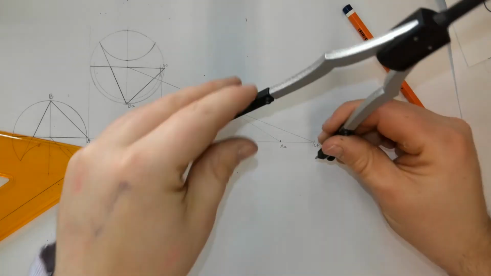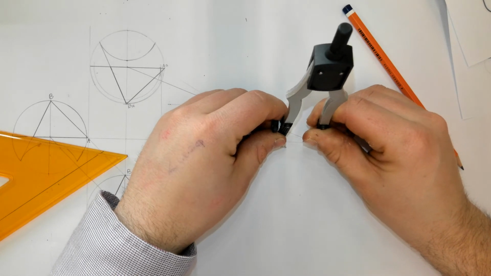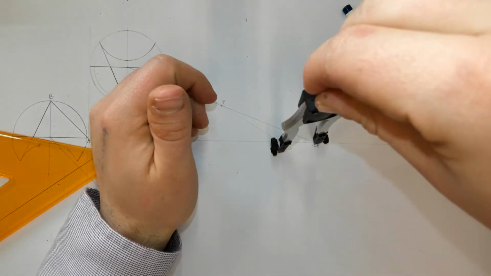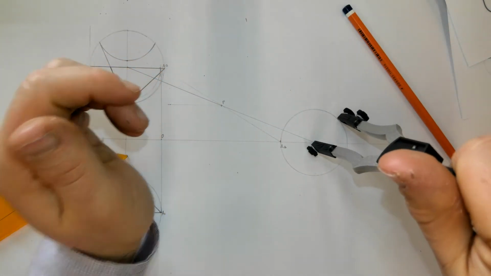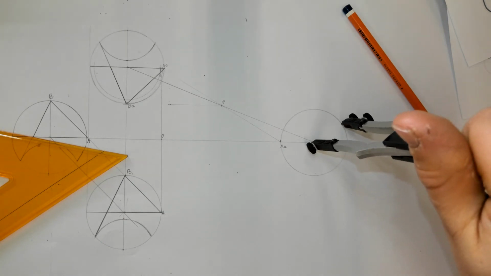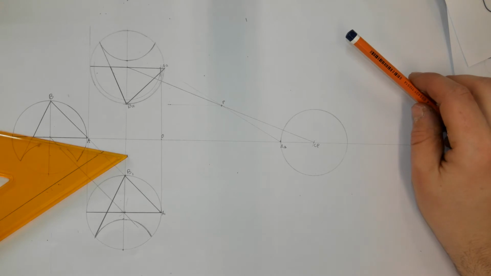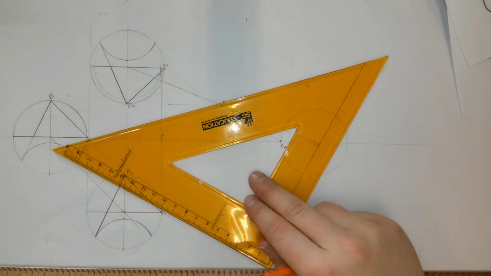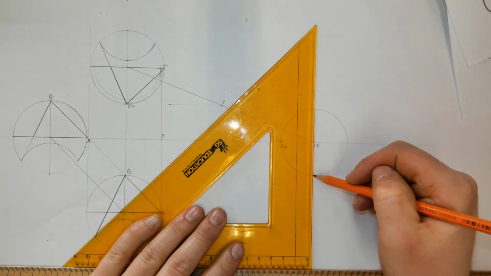Okay, you're going to take your compass, put it on A3, and you're going to draw in your circle again. And then we need to find B. Okay, the question is, which one is B going to be? Now, straight line here.